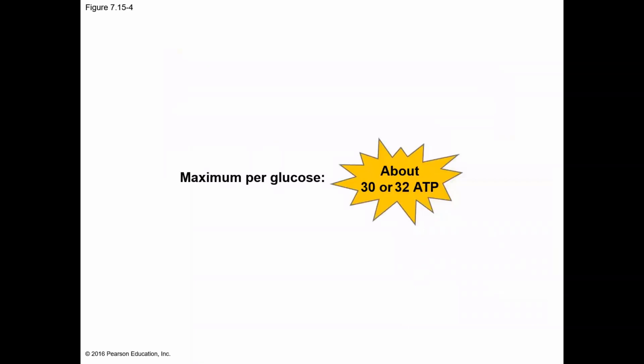So if we are adding the ATP that's acquired from glycolysis plus citric acid cycle plus the oxidative phosphorylation, we end up with about 30 to 32 ATP on average generated from one single glucose molecule.